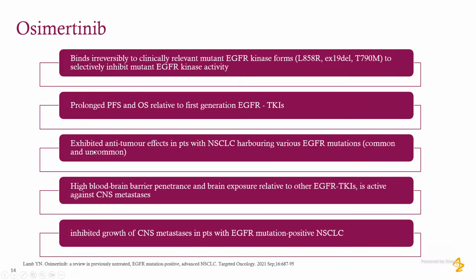It exhibits anti-tumor effect in non-small cell lung carcinoma with EGFR mutation, even in uncommon mutations. High blood-brain barrier penetrance we have already seen in preclinical studies, in healthy individuals, and also in patients with active CNS metastasis.